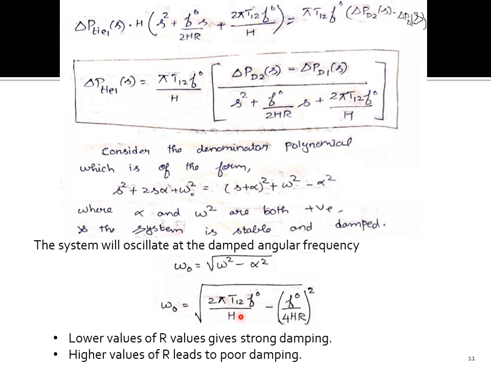Since F naught and H are constant, the damping frequency will be a function of R. The lower the value of R gives the stronger damping, higher value of R leads to poor damping of the system. The system becomes weak if you are having a higher value of R. So this comes to the end of your dynamic analysis of your multi-area system.